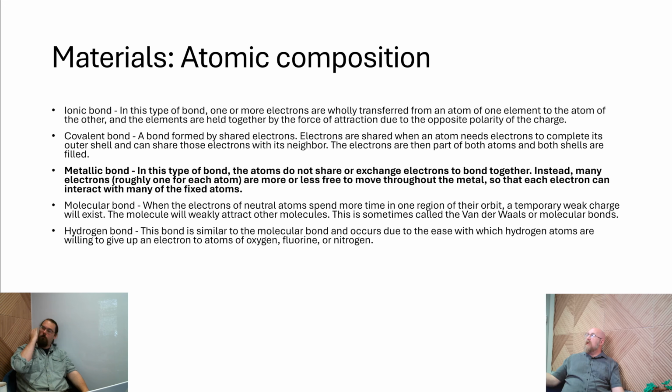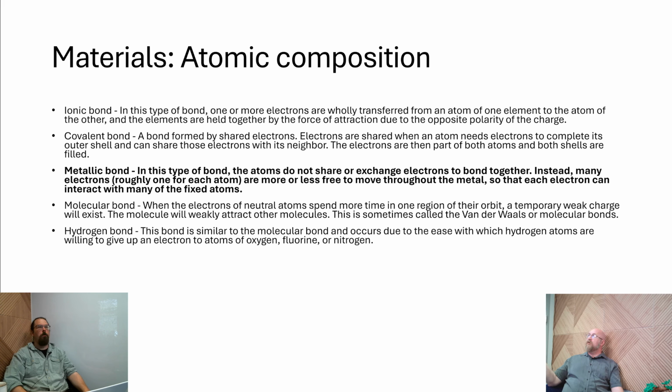And then you have molecular bonds, and this is when electrons of neutral atoms spend more time in one region of their orbit, and that basically creates a temporary weak charge there. Yeah. And this is sometimes called van der Waals or molecular bonds. They're kind of weak. Yeah.